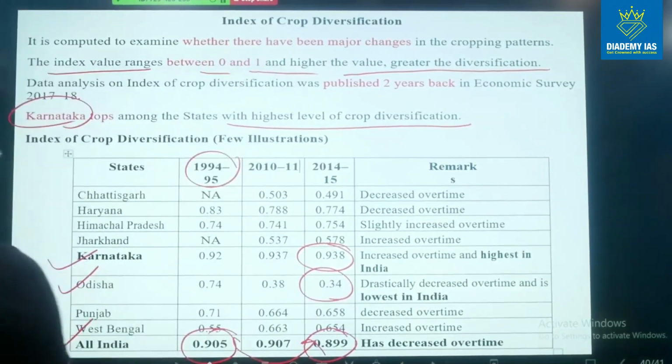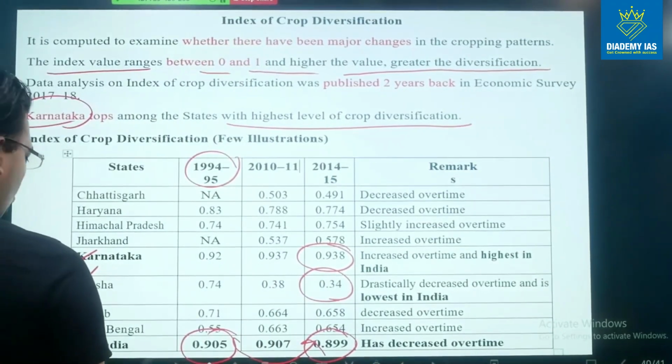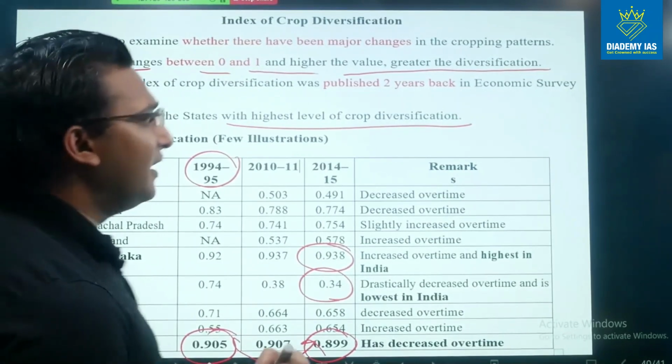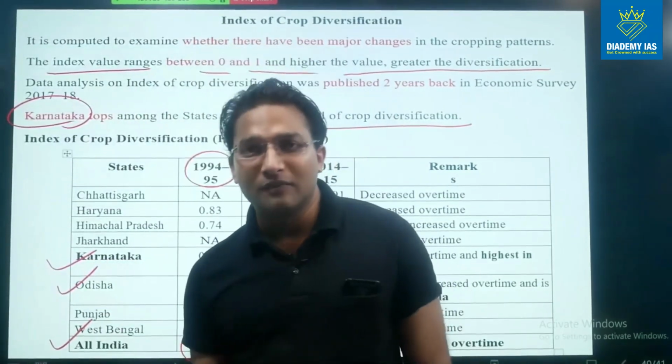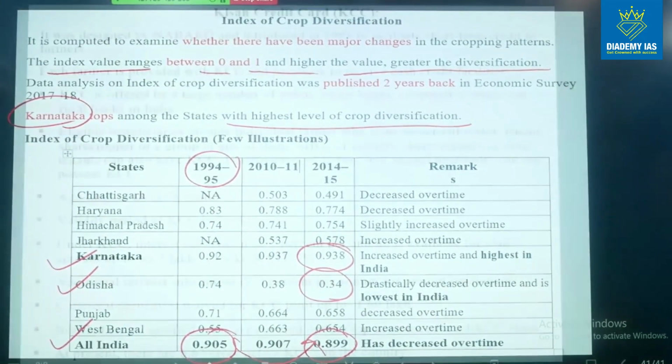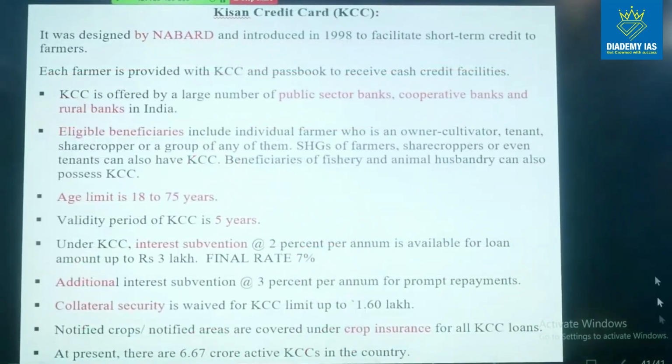So highest Karnataka, lowest Odisha, and overall India there is a decline. So these three patterns you should remember. In the examination they can ask you any pattern. This information is from the Economic Survey of last to last year. Then this is a scheme, Kisan Credit Card scheme.